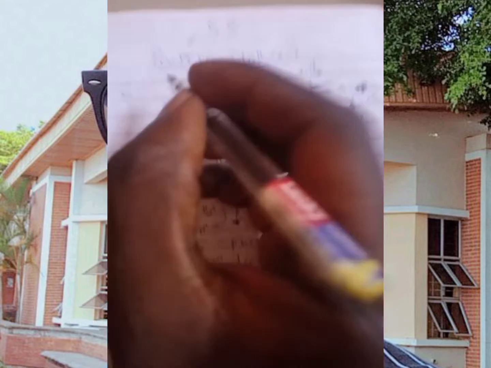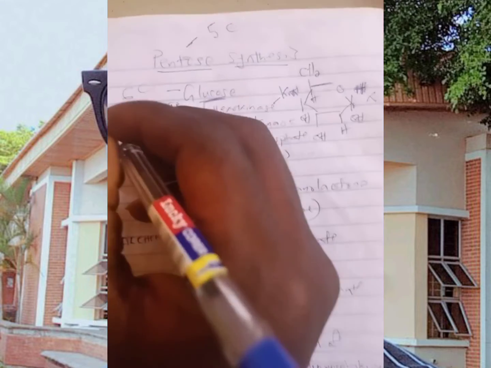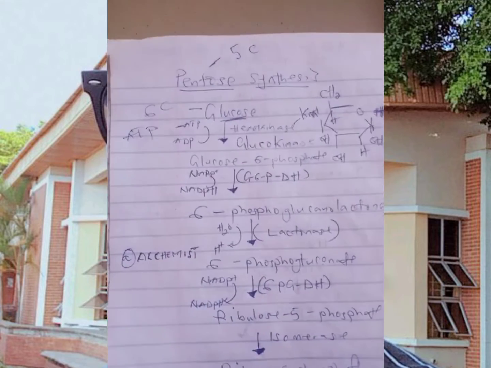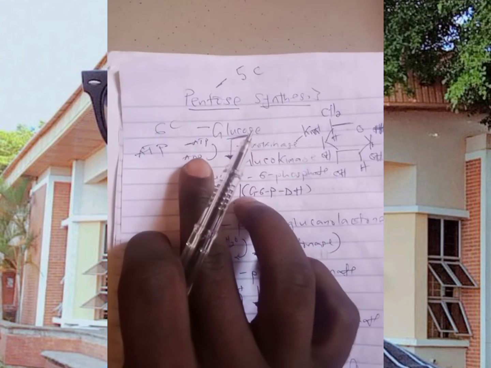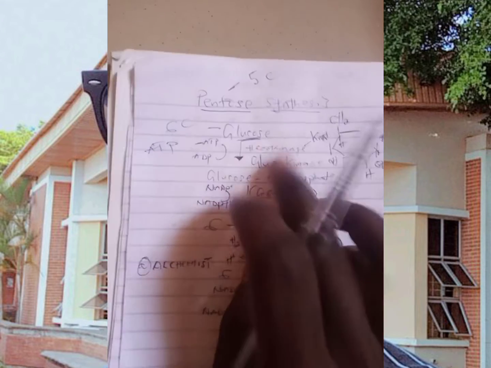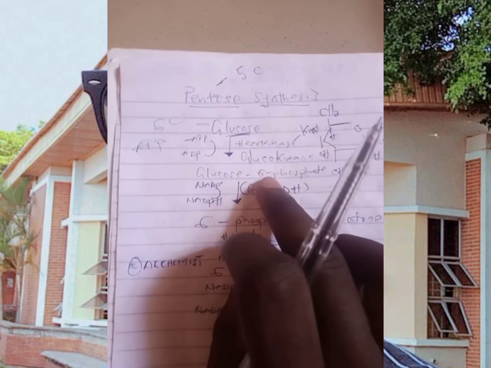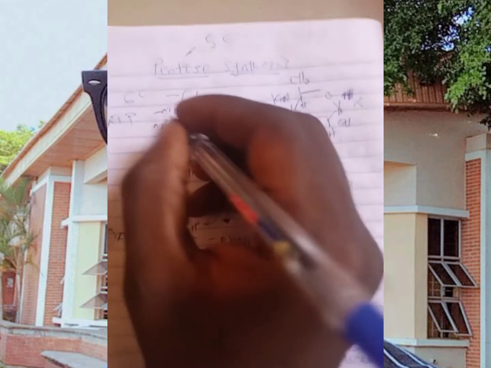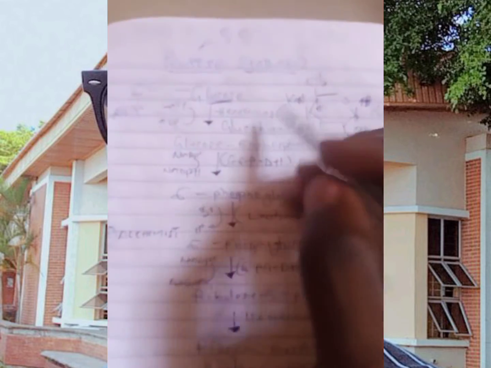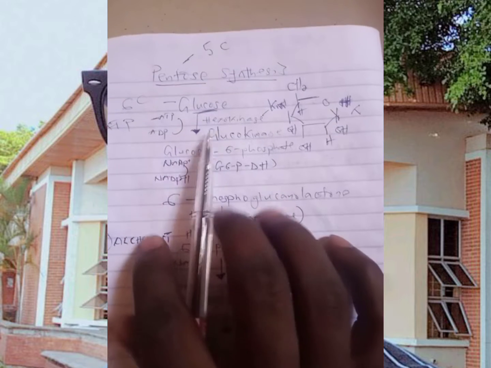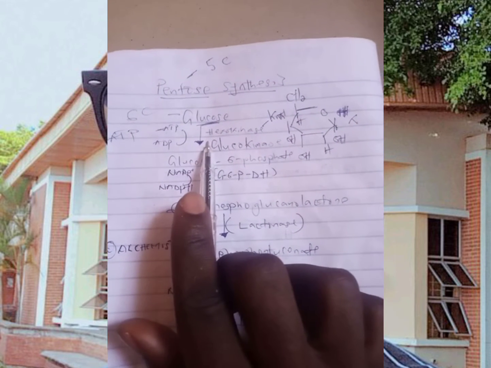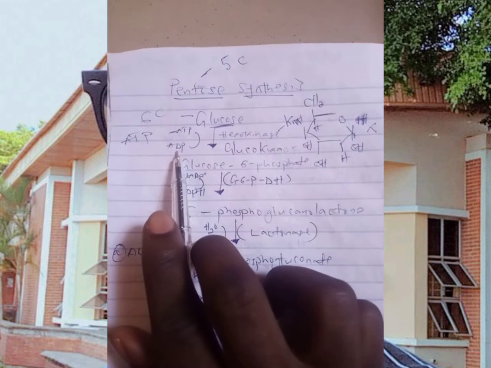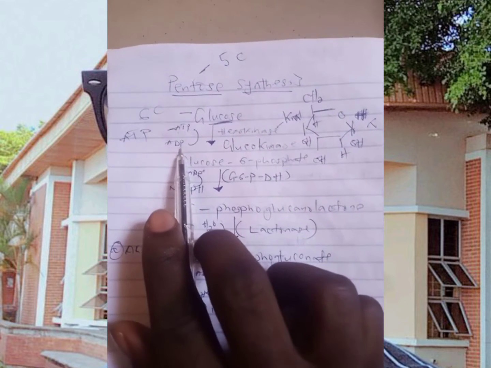We all know that our energy currency is ATP, adenosine triphosphate, which we use in this process to overcome this reaction. A phosphate molecule from the ATP is used in this reaction, and it is joined with our glucose, leaving us with ADP, which is adenosine diphosphate.